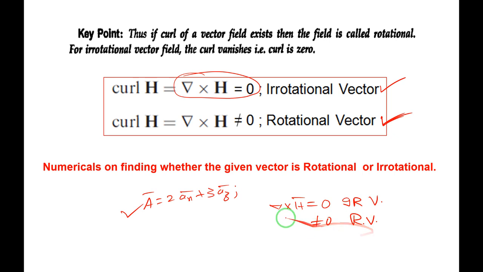I will not be solving the problems, I am just giving the hint. Maybe vector B may be given to you, 2xy ax plus 3z az, something like this. Don't take this as a problem and solve it. I will ask whether vector B is rotational, so you find del cross B. Del cross A earlier, now del cross B.